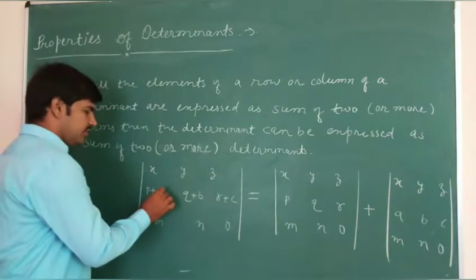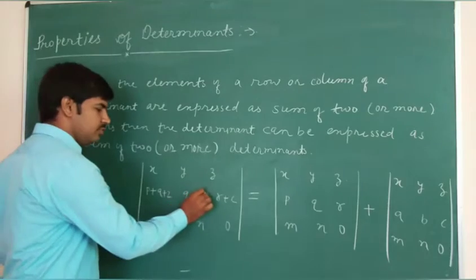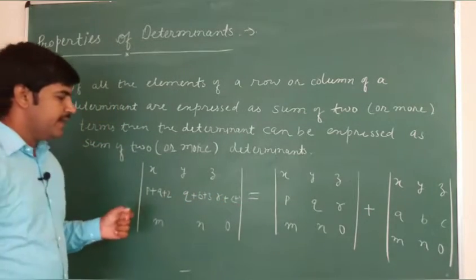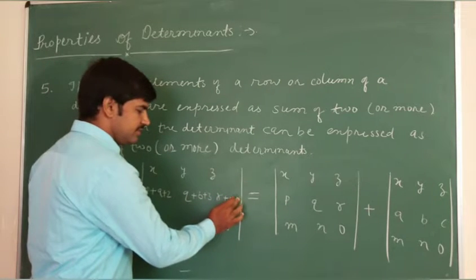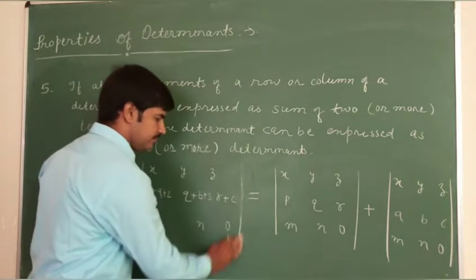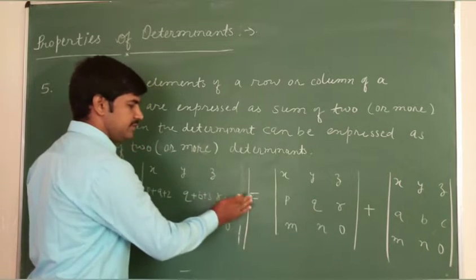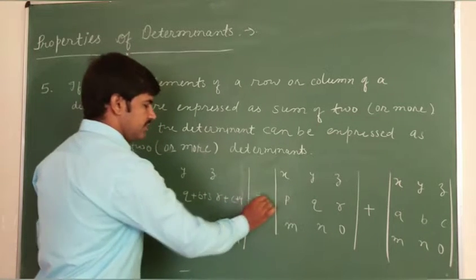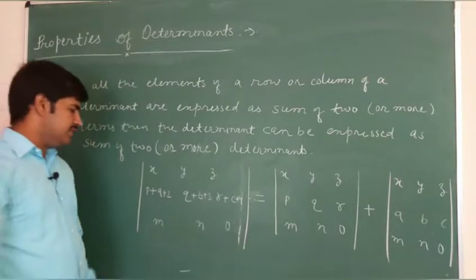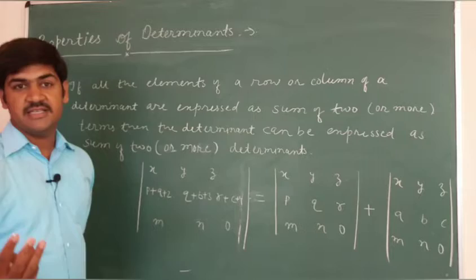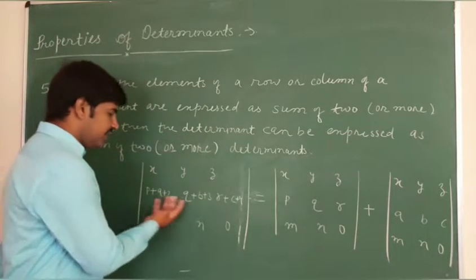Suppose here if I write plus 2, plus 3, plus 4, one more term here. Here what do we notice, students? All the terms of R2 are expressed as sum of 3 terms.